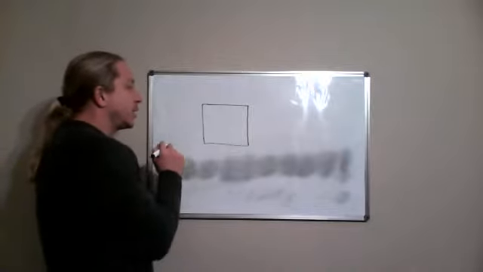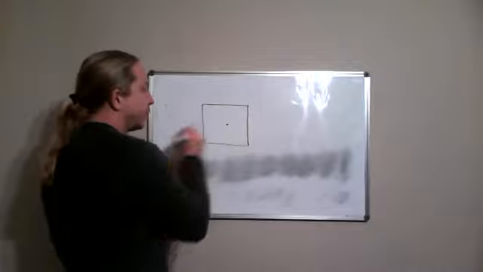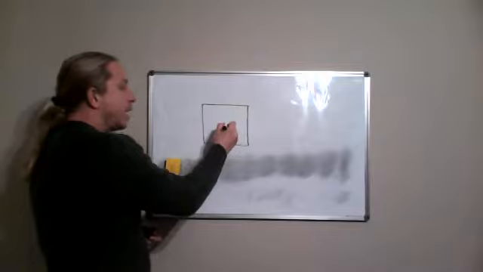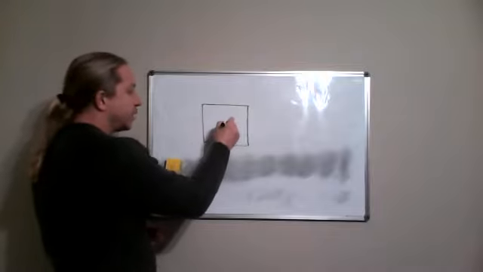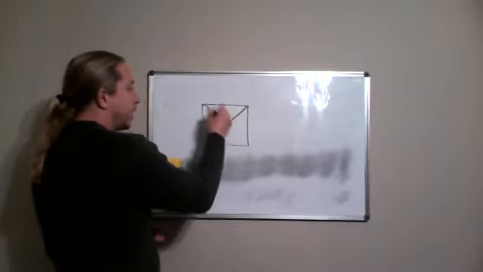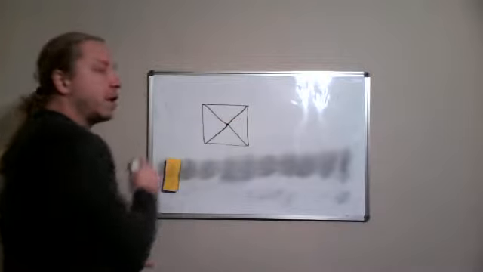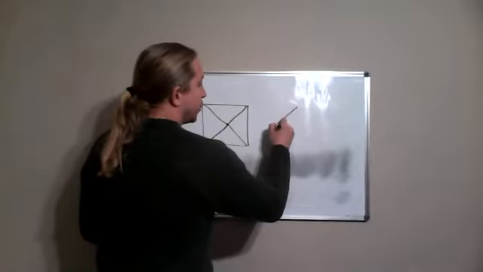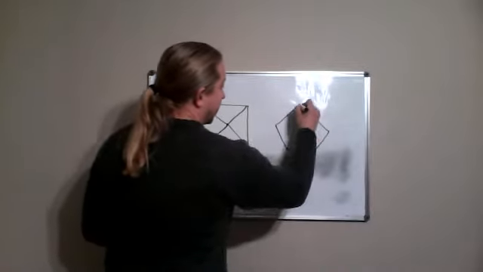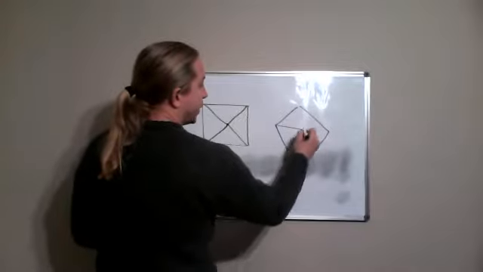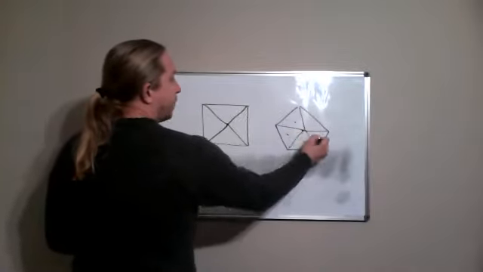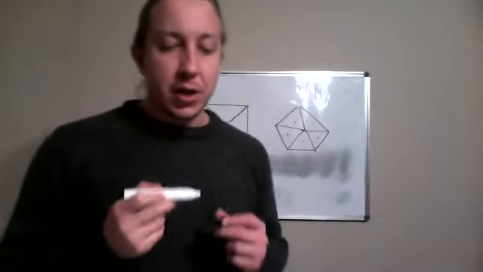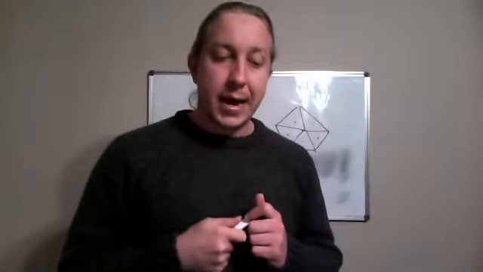Now what they're saying to us is that if we have the center of this shape, and we can find the center by bisecting the angles, if we take a line from the center to each corner, it will divide the shape into 4 equal or congruent triangles. Okay, the same thing goes with the pentagon. We have a center, we can join it, and it will give us 5 identical triangles that fit together. Same thing with a hexagon and an octagon and a triangle and so on.